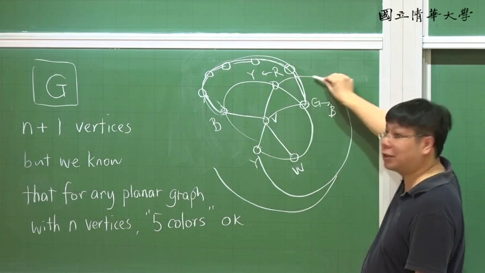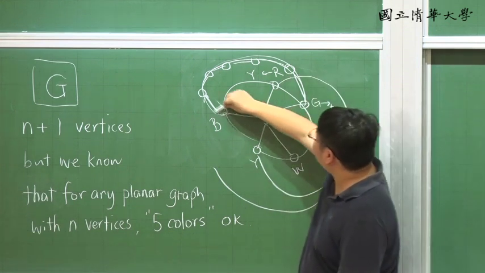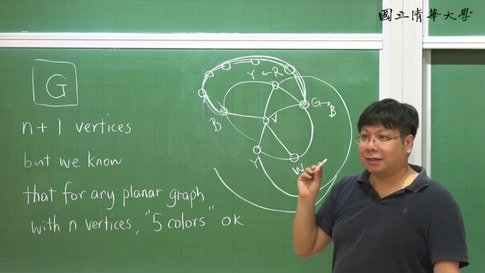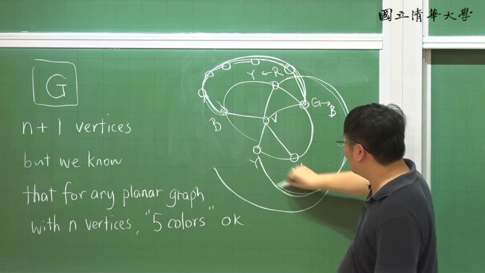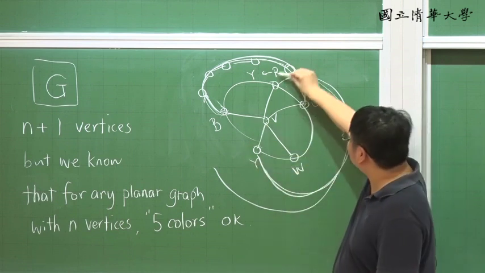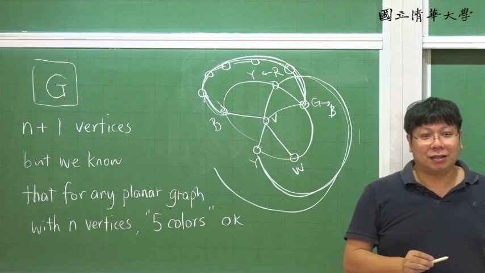We cannot have any edge crossing each other. Is that okay? So if there is a blue to green path like this, it is not possible to have a R to Y path. Then in that case, I can change this R into Y and then save a color. So that's it.